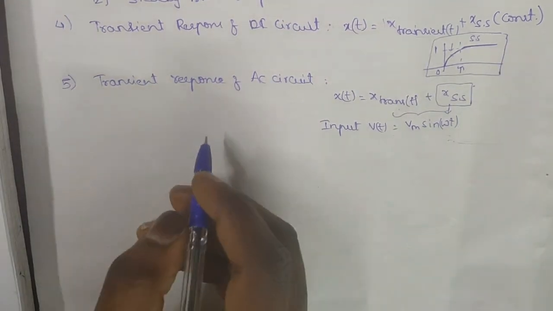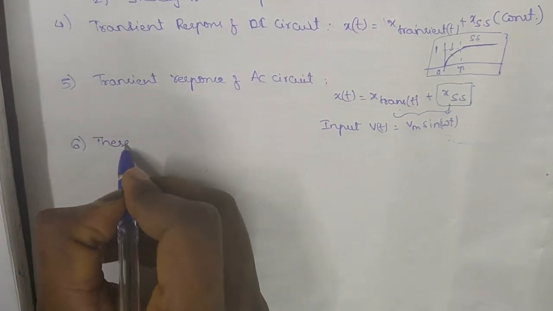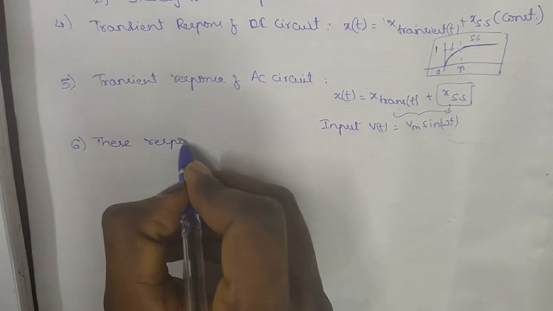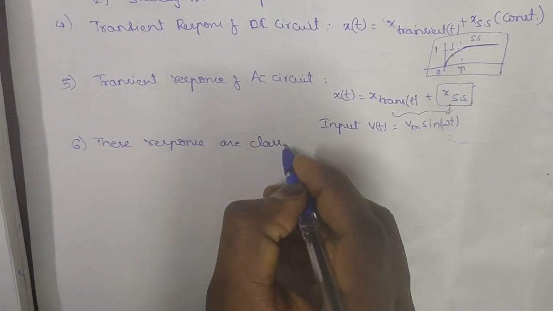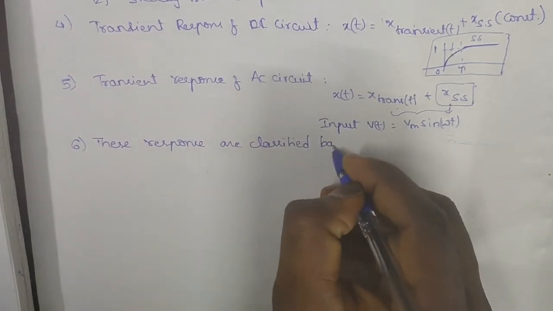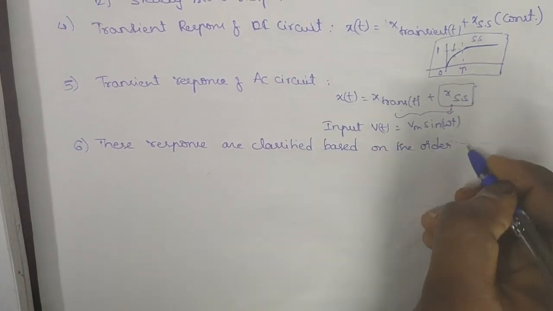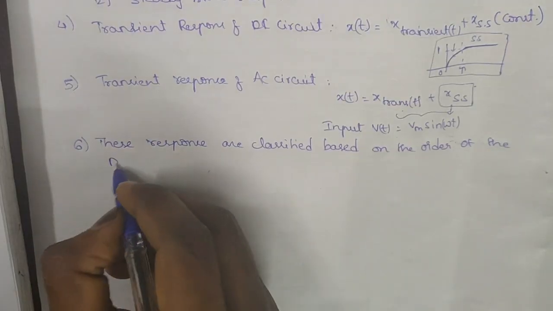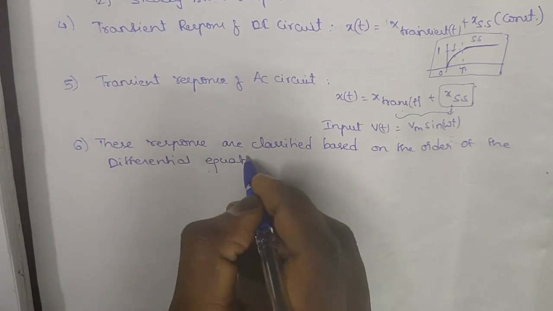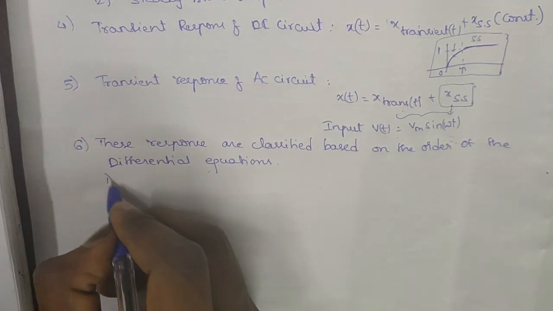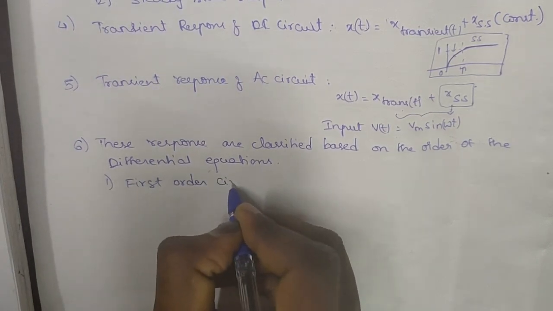Now these responses are classified based on the order of the differential equation. Those are first order circuits.